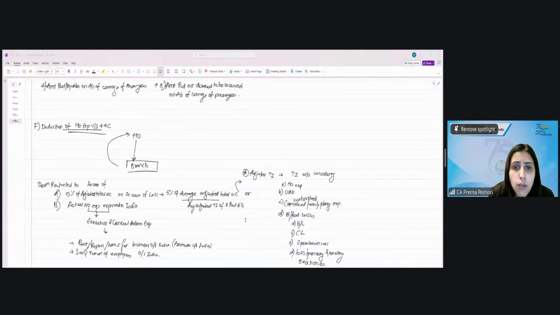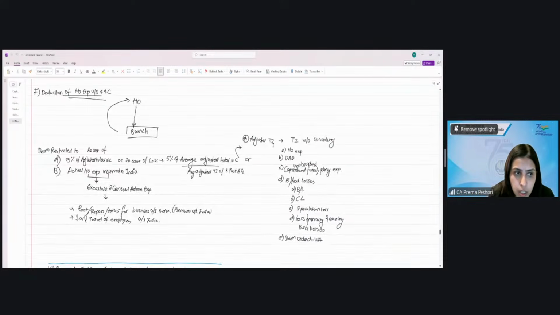So before that, whatever total income is there, that is my adjusted total income. Average adjusted total income means, where the total income in case of the loss will be assessable for 3 assessment years, the average of that. Where income is available for 2 years, then only 2 years. Okay, so that is my average adjusted total income.